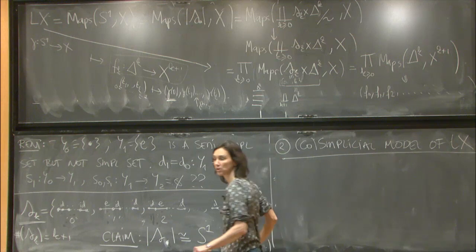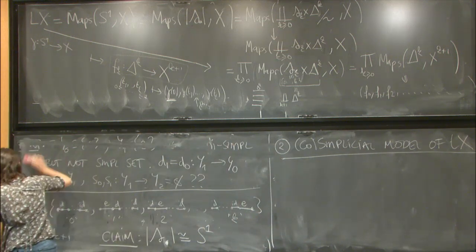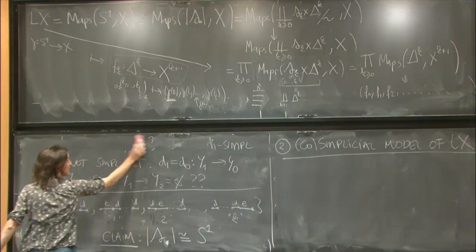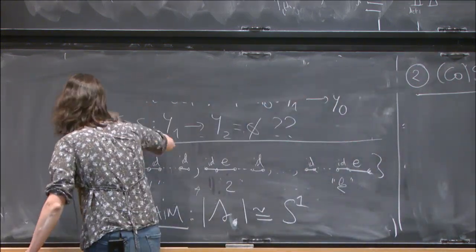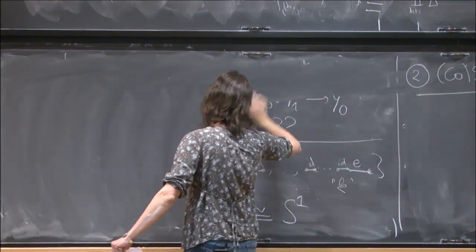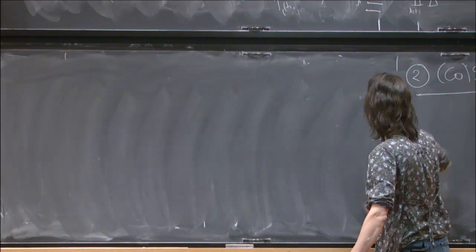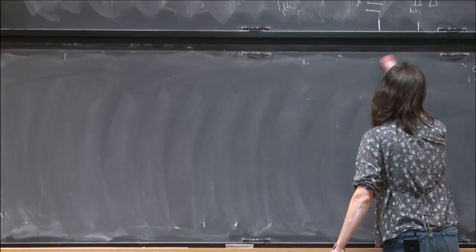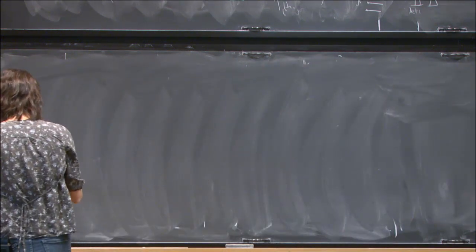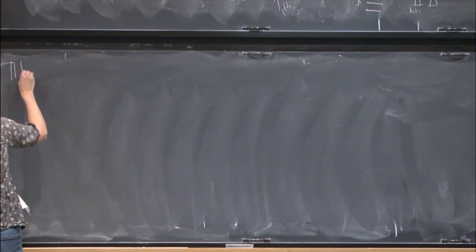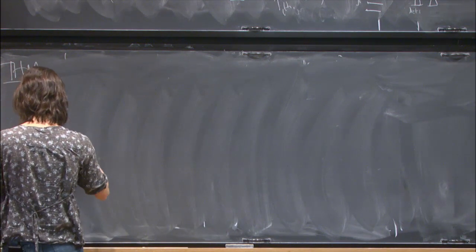The last thing I want to say is exactly what the loop space is, because I've said there's a map to this thing here. But what did we do? We forgot the simplicial identities. So let me tell you what the simplicial identities do, and as I write them, they'll be so obvious that you will believe it.